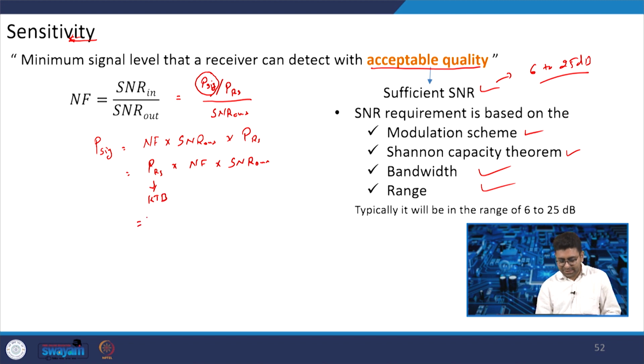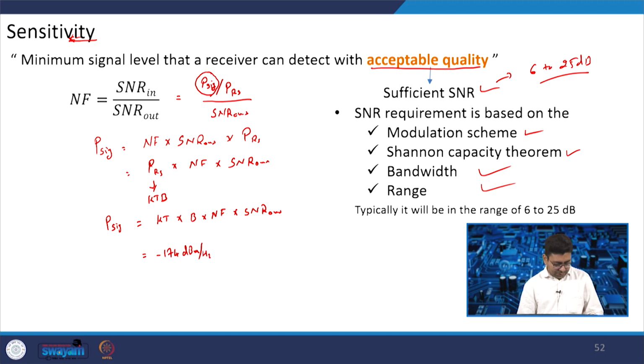So we can also write this in terms of KT, then bandwidth B. If we define the KT in terms of dBm, the same received signal converted into dBm can be written as minus 174 dBm per hertz.